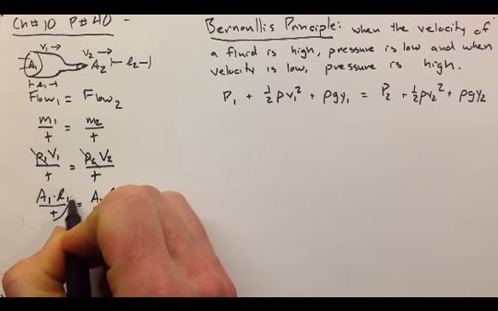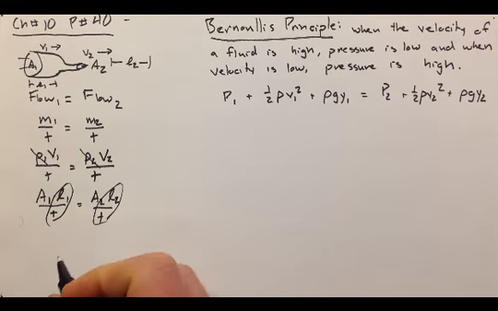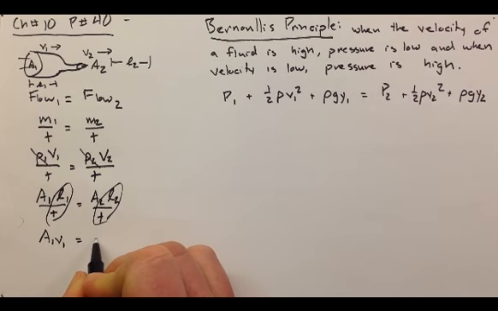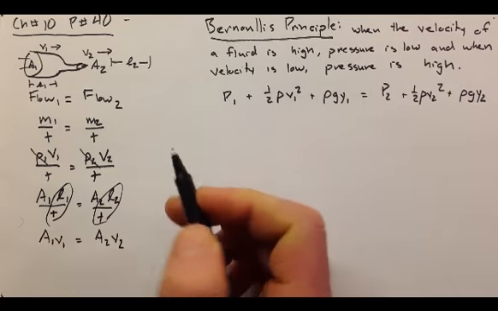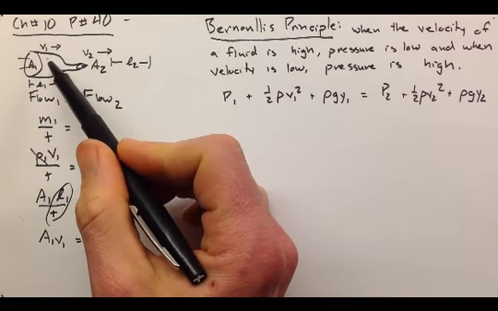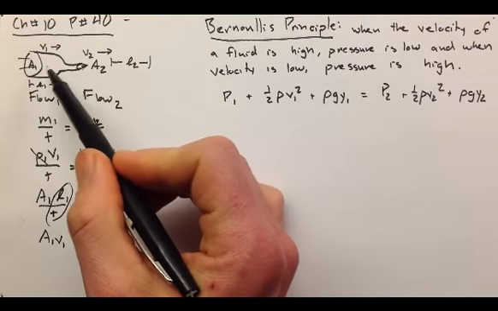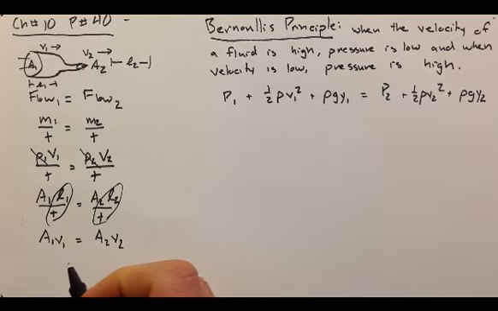Well, what is this length divided by this time? Well, that's the velocity of the water, okay? So A1 times v1 is equal to A2 times v2 for water flowing in a pipe of different cross-sectional areas, or the same pipe where the area goes down.